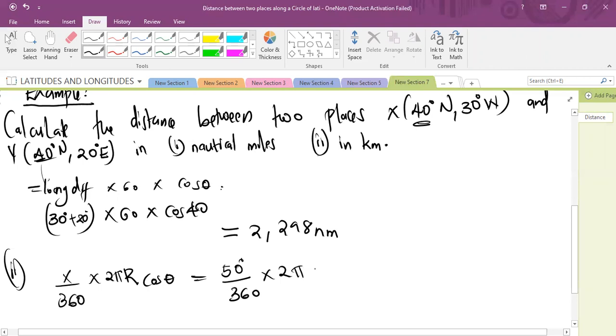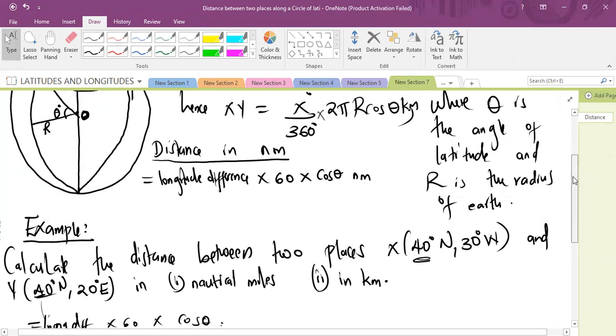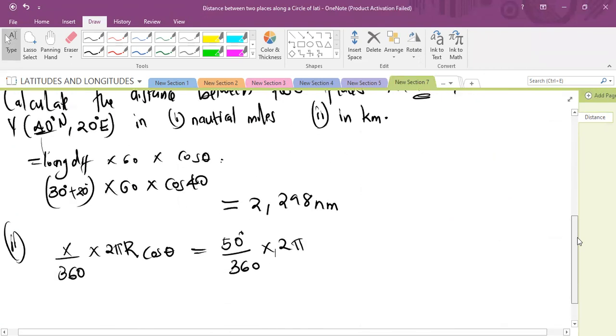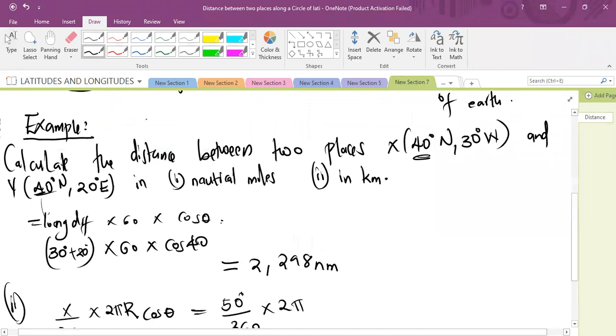And what is our r? Our r has been given as 6370. We were initially given r as 6370. So let me just write it here. It's the same one that we will use. R is 6370 kilometers, that is r, the radius of Earth.